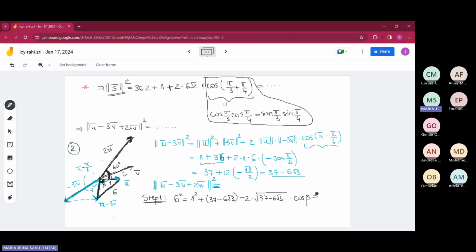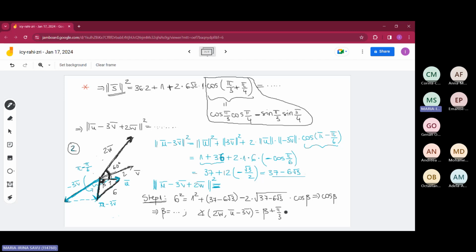Okay, and from here you will find cosine of beta, and after you find the cosine of beta, you should find the angle beta. So the angle between 2w and u minus 3v will be beta that you have found from here, plus pi over 3, which is 60 degrees.